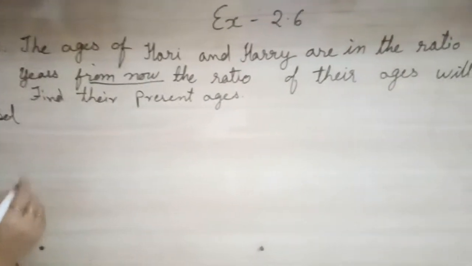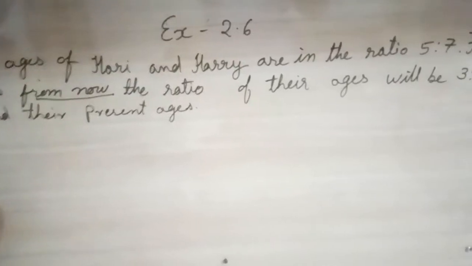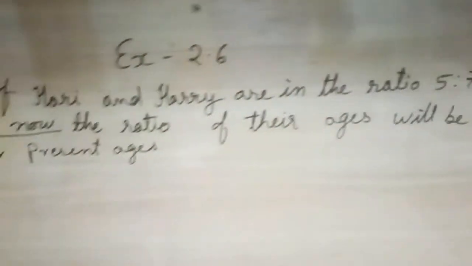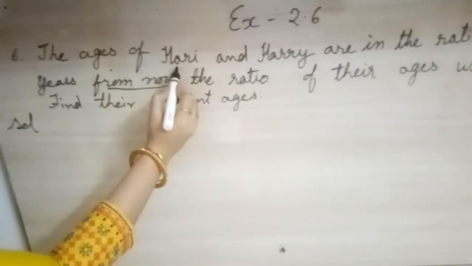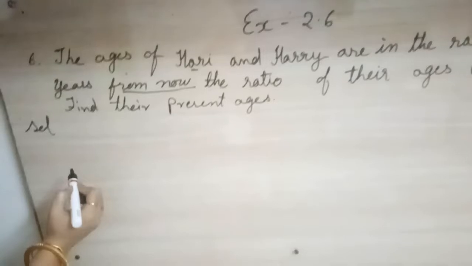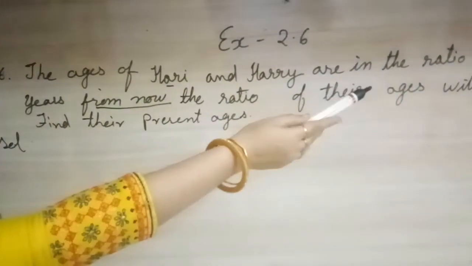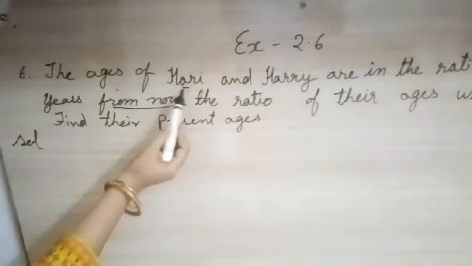What have they given? The ratio. First of all, we will write what is given from the question. First they have given Hari, so 5 represents Hari.